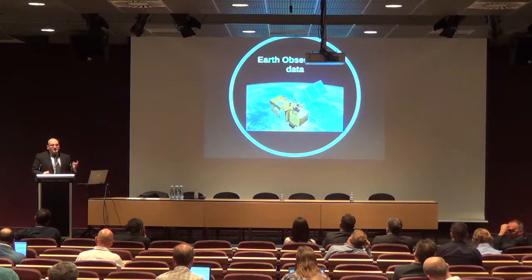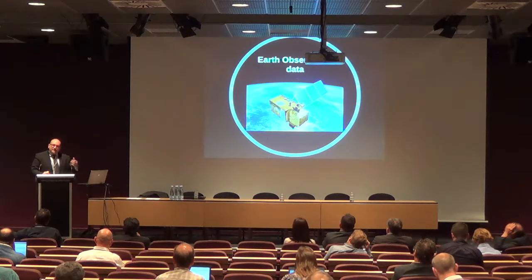Sentinel-1 is the first, launched 2 months ago. There will be other satellites coming that will provide Earth observation data with an open and free data policy to the European member states.